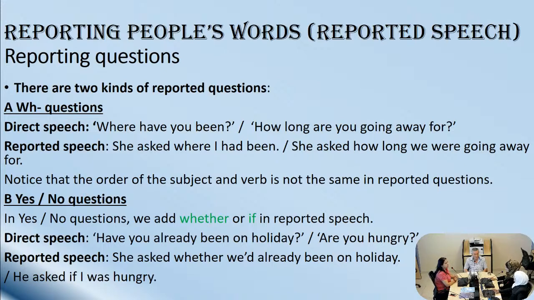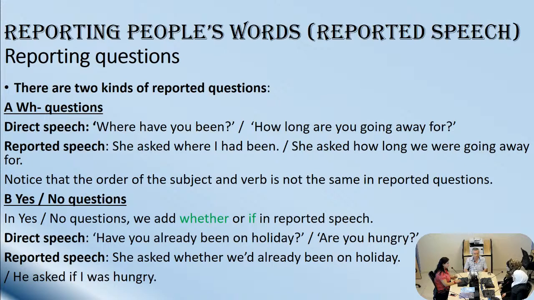When we report these questions, they are no more questions, so we need to change the position between the verb and the subject, or the auxiliary verb and the subject. We start with she asked, which is the reporting verb. She wanted to know, or she inquired are also possible, but she asked is the most common one.